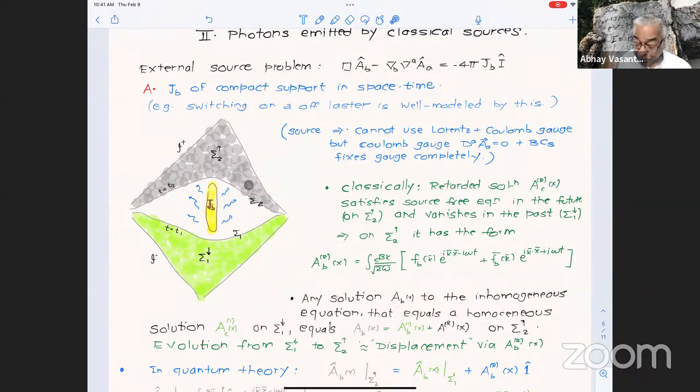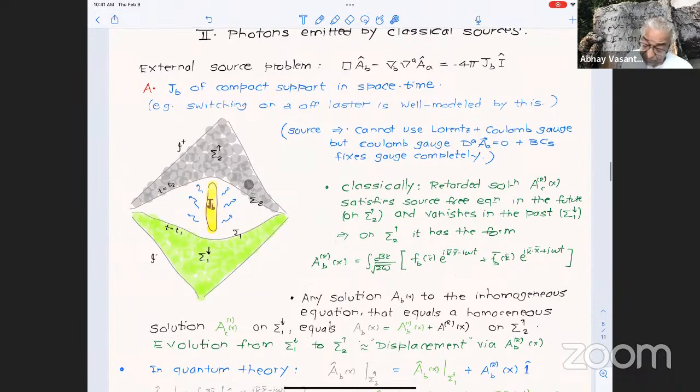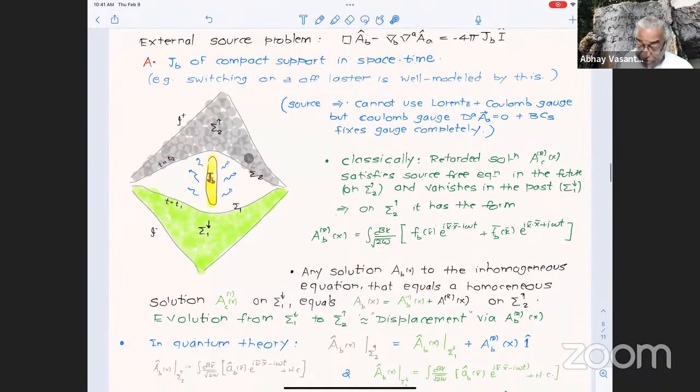And even without imposing the Lorentz gauge, in fact, these conditions automatically fix the gauge completely. This is even true in the source-free case. Let me not go into it. In the source-free case, this plus boundary conditions also say that you are in the Lorentz gauge. But in the case with sources, we cannot have both. So this is a side remark.